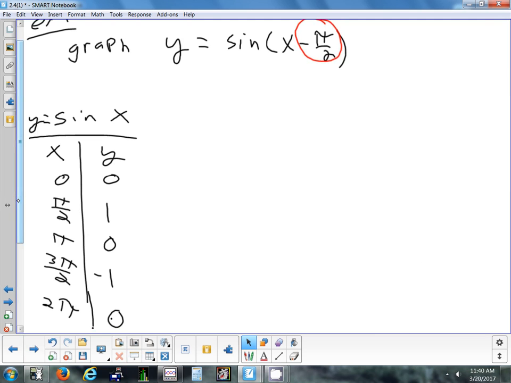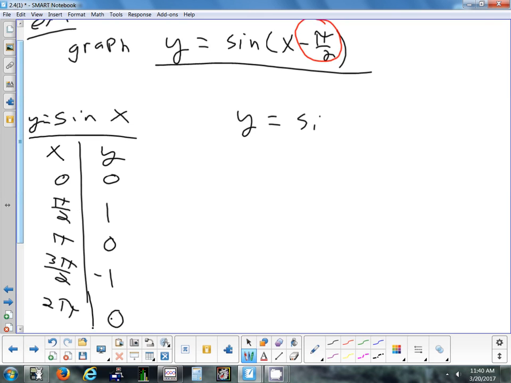So what I did is, from the page earlier in the notes, I copied down the sine table just so we have it. And now I'm going to make a new table for this problem. y equals sine of x minus pi over 2.